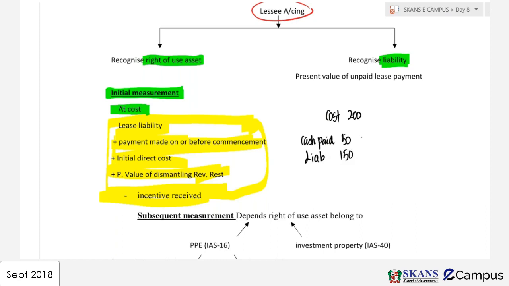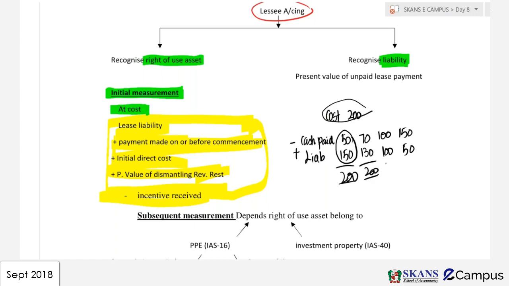If you have paid 70, guys, then the liability will be 130. If you have paid 100, the liability will be 100. If you have paid 150, the liability will be 50. So the cash paid will reduce your liability. But the most important point is, if you combine the cash paid and lease liability, you will get the asset cost, which is 200.